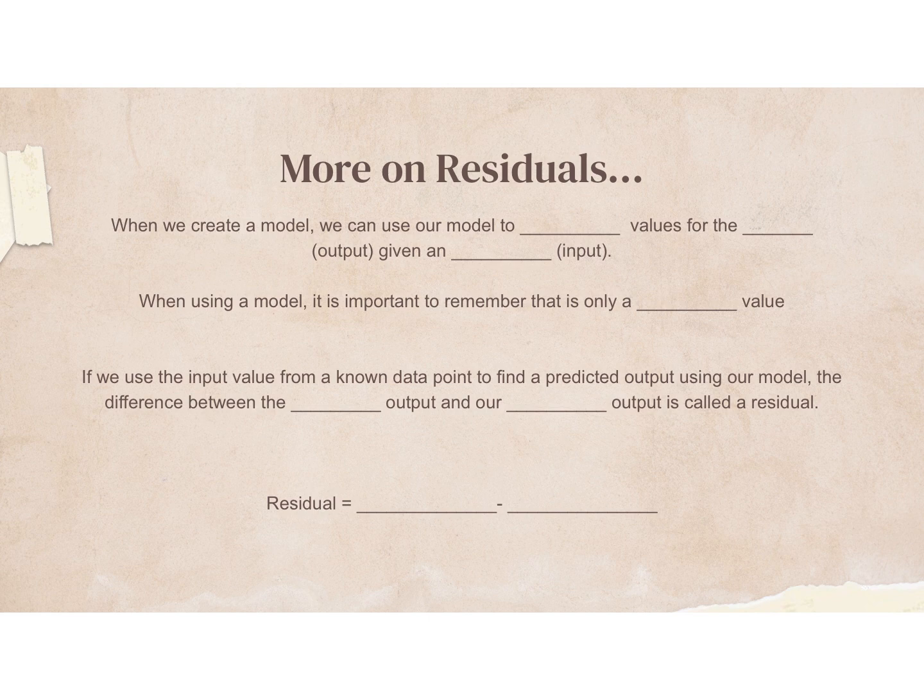When we create these models, whether they're linear, exponential, or quadratic, or some other polynomial, we use those models to predict the values for the dependent variable given an independent variable.